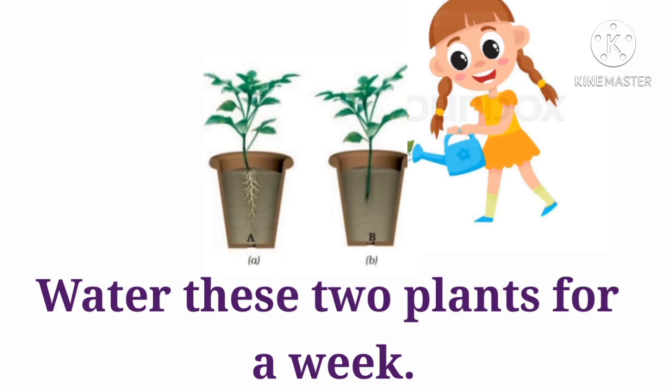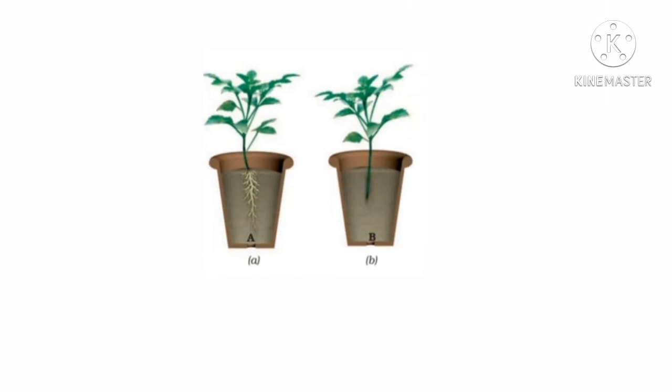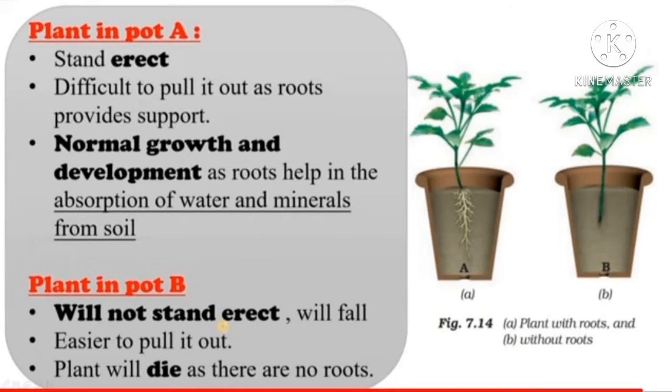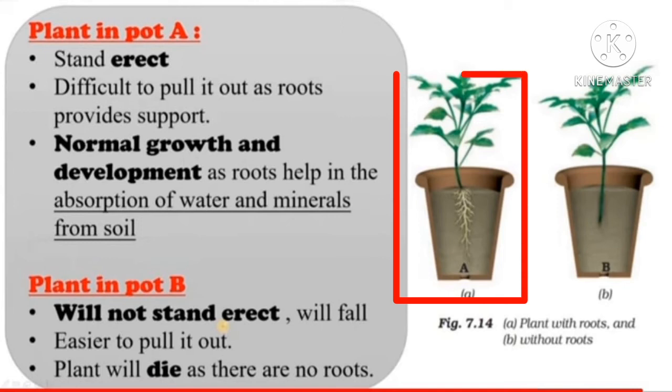After a week, observe the plants. The plant in pot A, which has root, will stand erect. It is difficult to pull it out because roots fix the plant firmly to the soil. This plant shows normal growth and development because roots help in absorption of water and minerals from the soil.